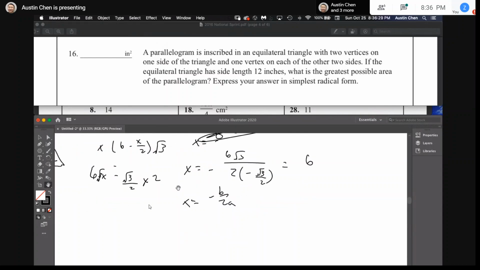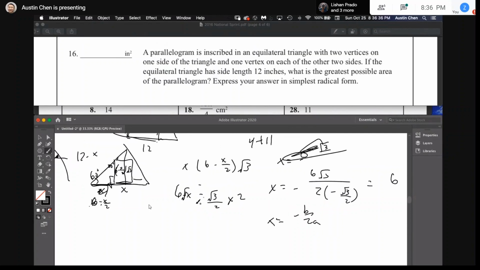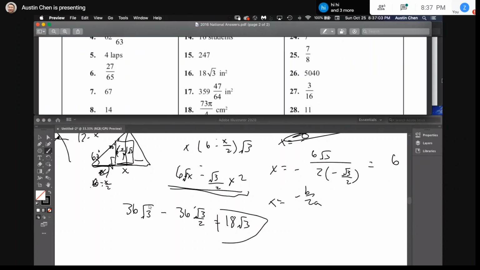Then we can plug x into here to find the value of this expression, because this expression is actually the area of the rectangle. If we plug 6 in, we get 36 root 3 minus 36 root 3 over 2, which is just 18 root 3. So that's our answer, 18 root 3.